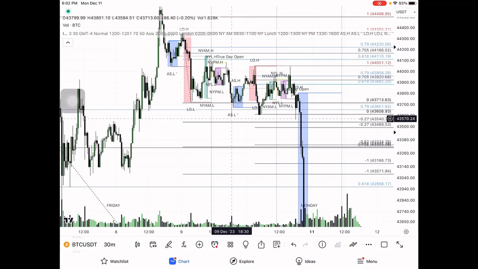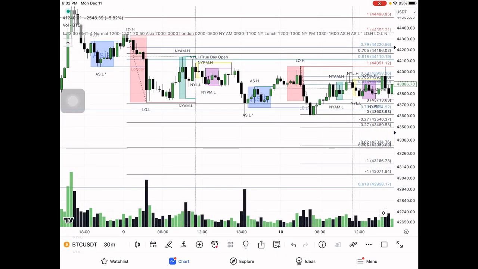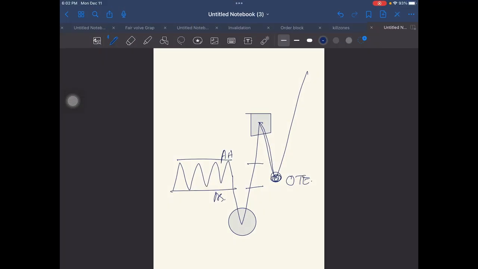So it is beautiful. If you understand power of 3, if you understand optimal trade entry, and if you understand how these transpire in between sessions, you are set for life. Just go back to the chart and see this pattern happen every single day.